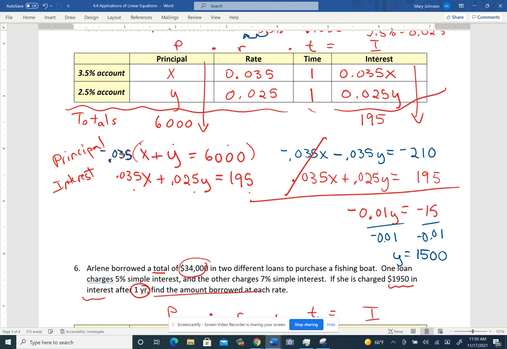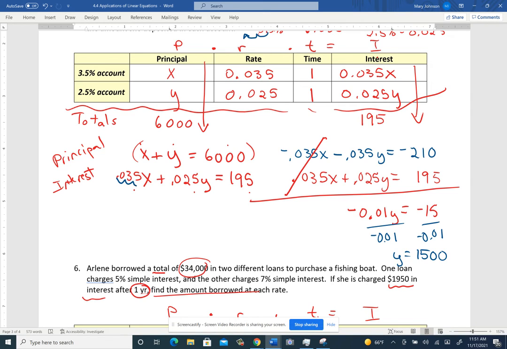All right, so I wanted to show you how to keep the decimals as is and just multiply through by that negative 0.035, and it works fine, and the numbers stay smaller as you're working. But I did want to comment on an alternative. Instead of multiplying by 0.035 and making it negative, you could clear the decimals.